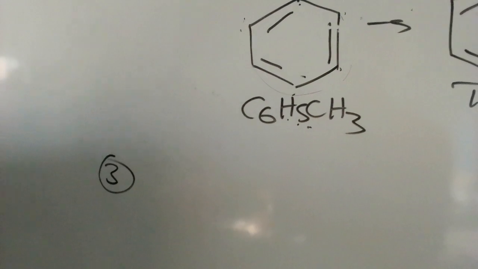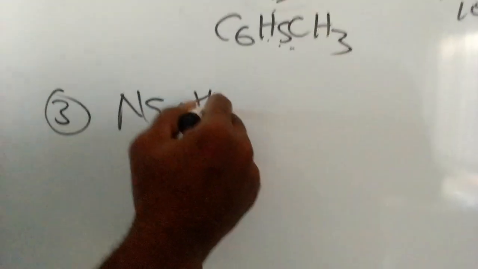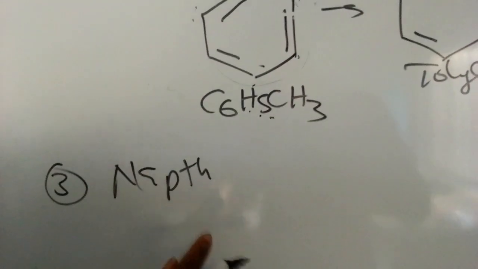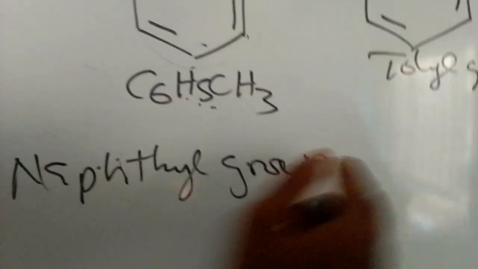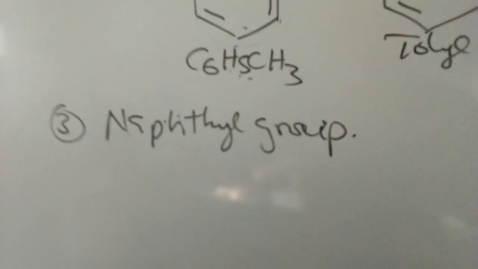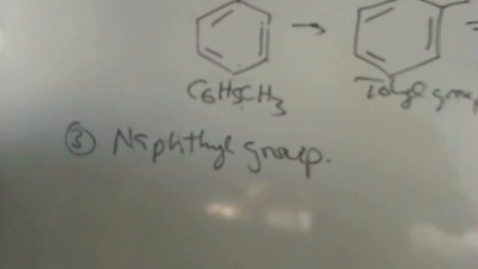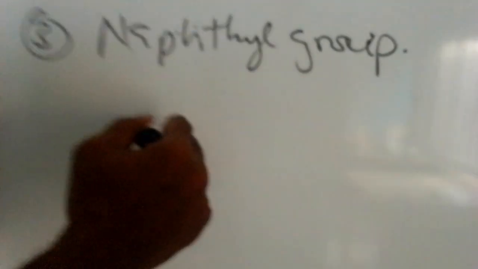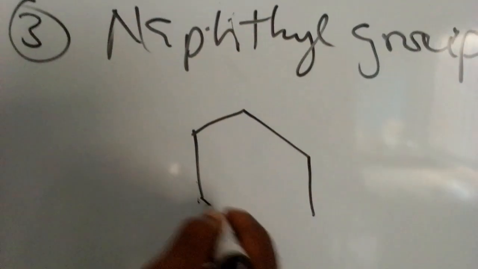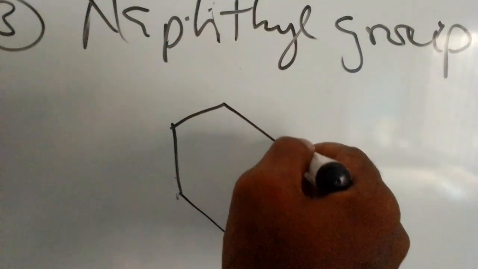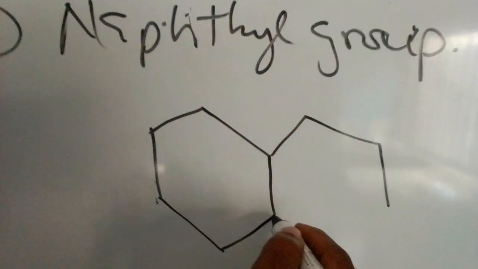Then another example is the one called the naphthyl group. They derive from naphthalene. Naphthalene is also aromatic. Naphthalene consists of two benzene rings fused together.